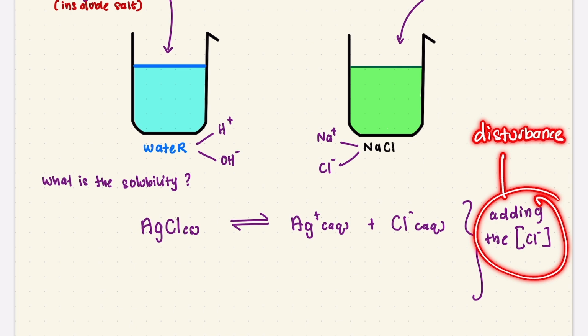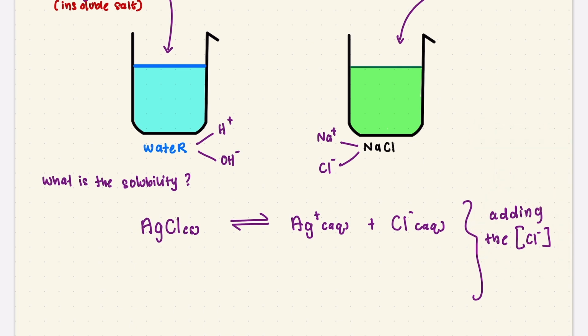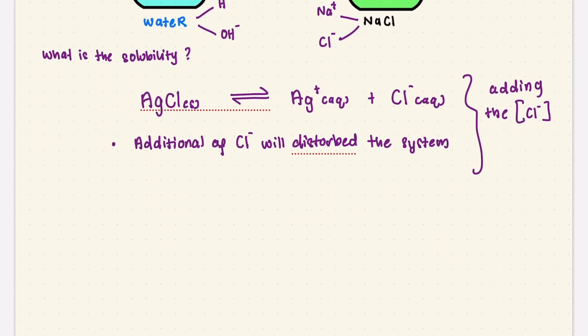Okay, disturbance. So what happened? Chloride ion will increase. When chloride ion increases, the additional chloride ion will disturb the system. Okay, this is what you learn in chapter 6.